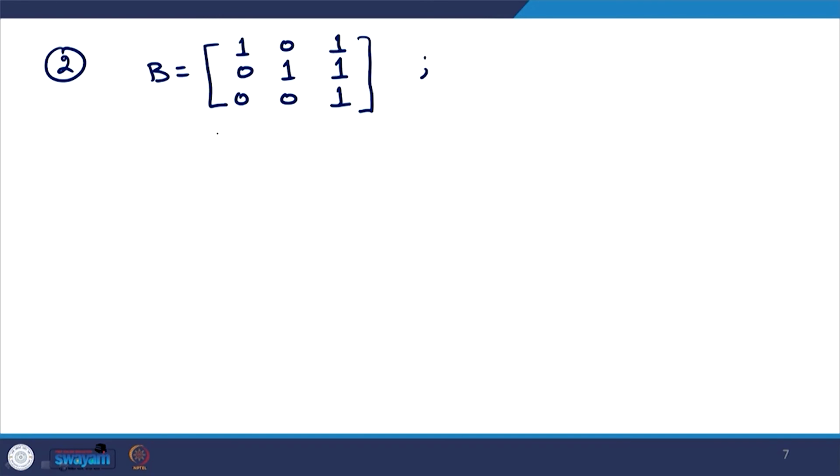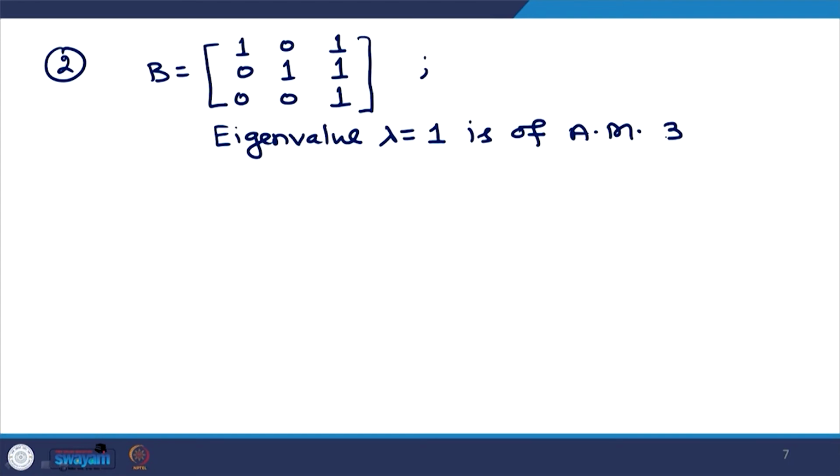However, if you take another example, let us say another matrix B, which is 1 0 1, 0 1 1, and 0 0 1. Then again eigenvalue lambda equals 1 is of algebraic multiplicity 3, because the eigenvalue 1 repeats 3 times.